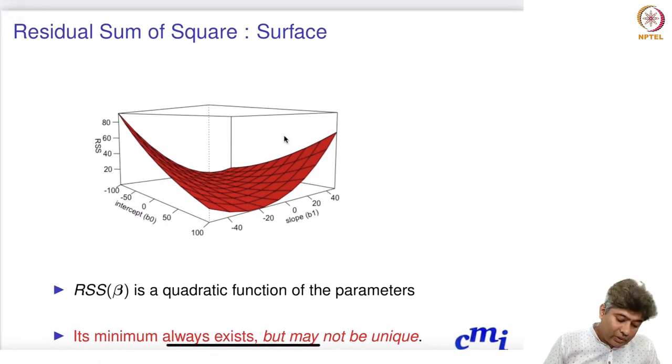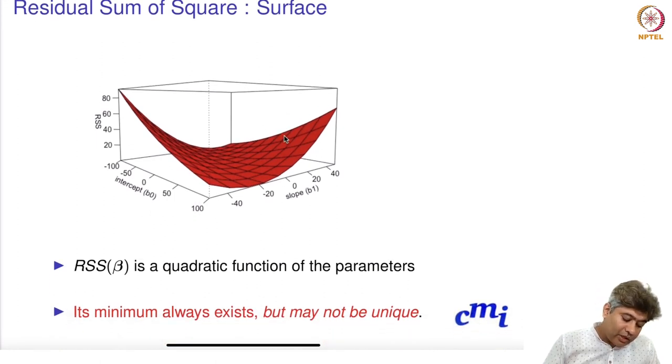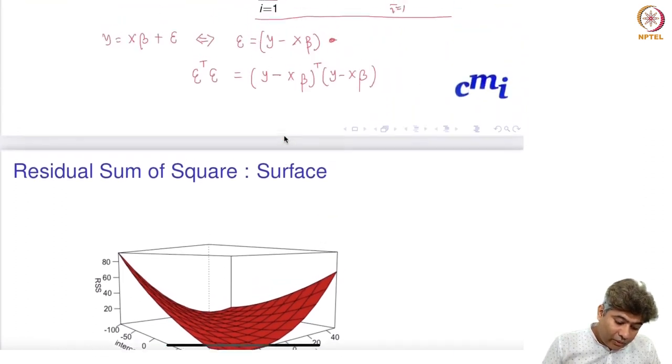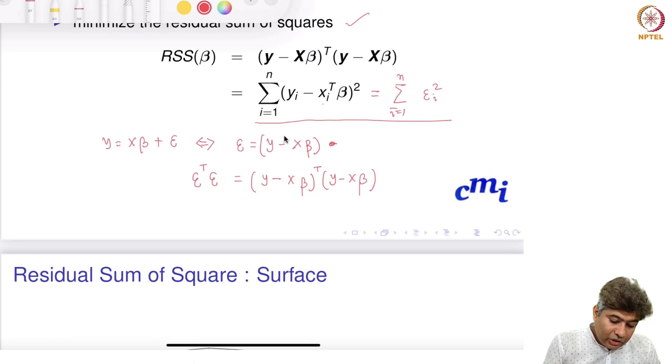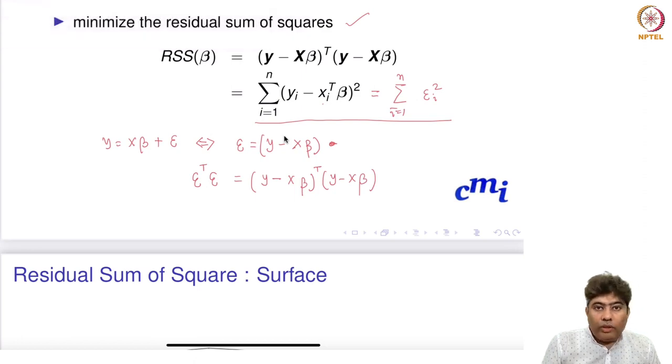Now let us see how the sum of squares of errors behaves. My yi's and xi's are known to me; they come from the data, nothing to change. Effectively they behave like constants. The only unknown is beta.